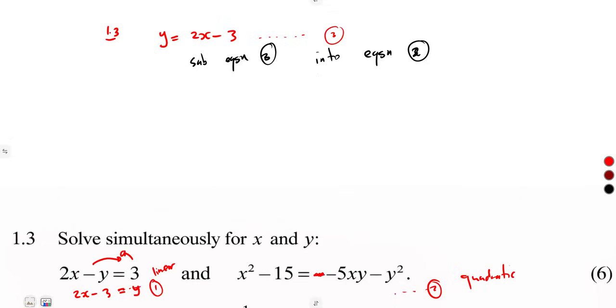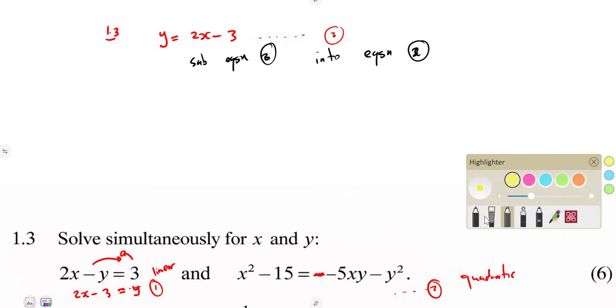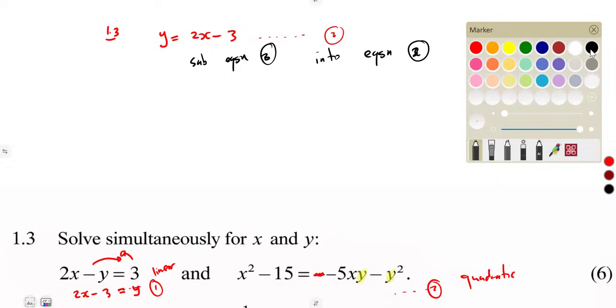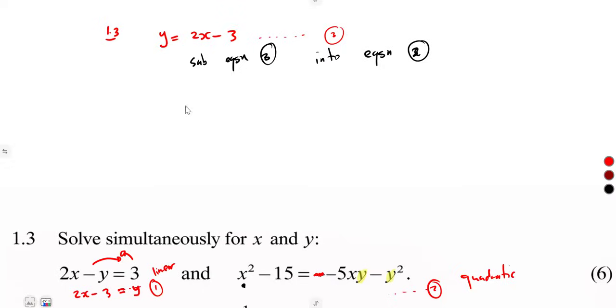Wherever we have got y in equation 2, we are going to substitute that with what we are given here, 2x minus 3. So thus, this was going to give us x squared minus 15 is equal to minus 5x.